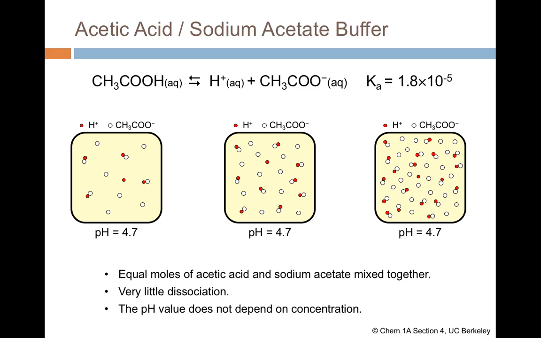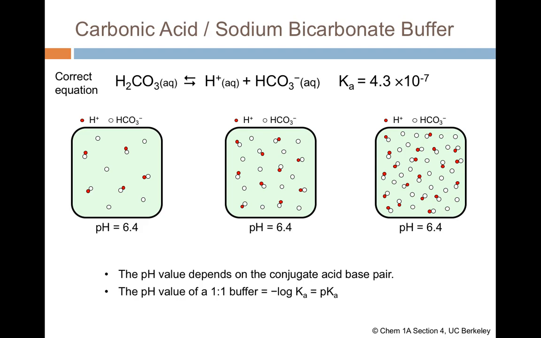We can make a similar set of three different concentrations of solution that maintains a different pH of 6.4 by simply using equal molar amounts of a different weak acid and its conjugate base. In this case, our weak acid is carbonic acid, H2CO3, and its conjugate base is the bicarbonate anion, HCO3-.